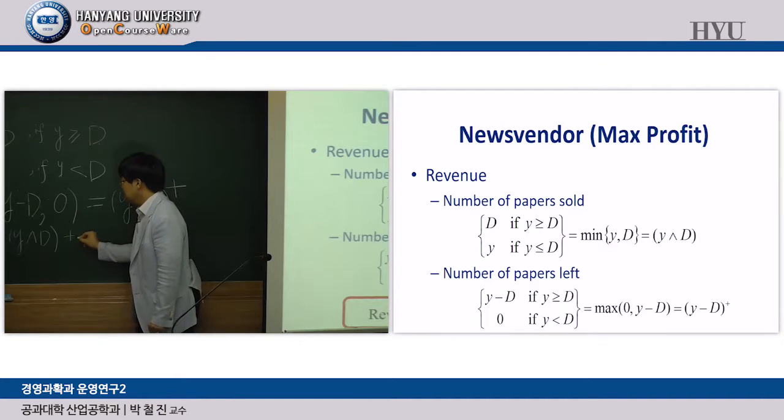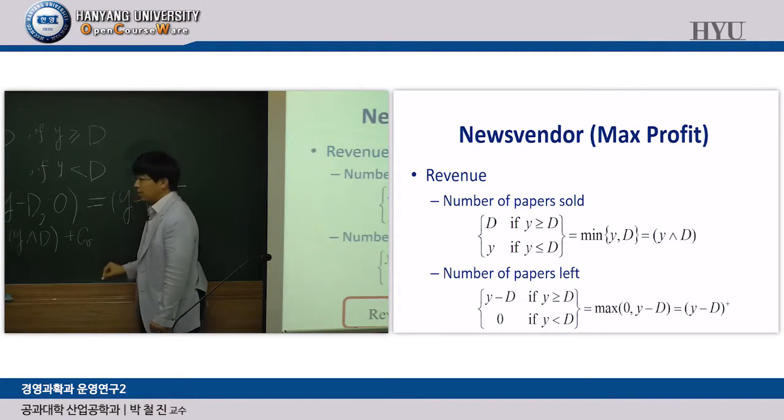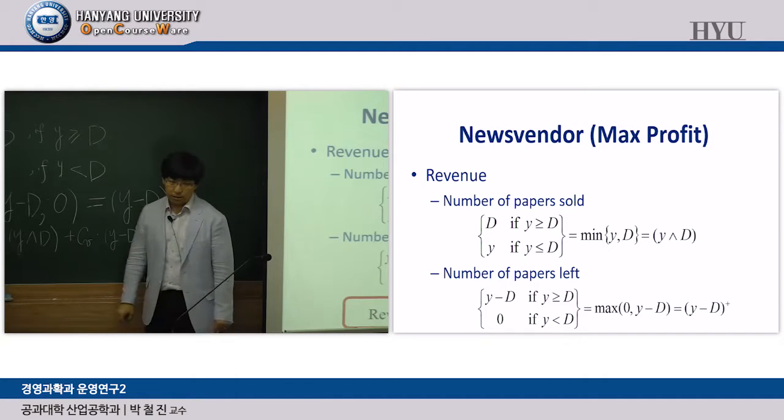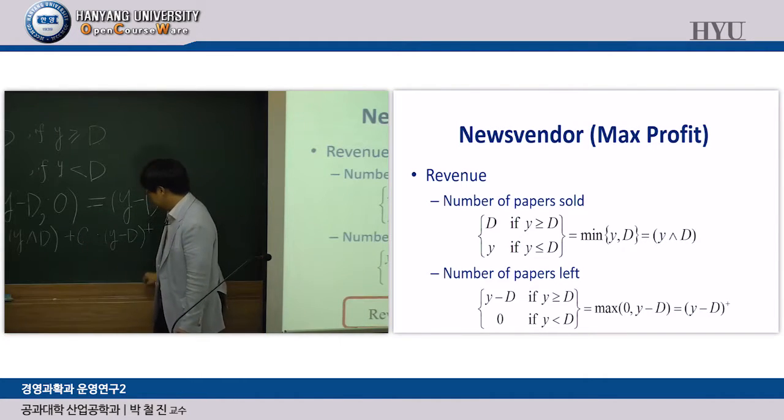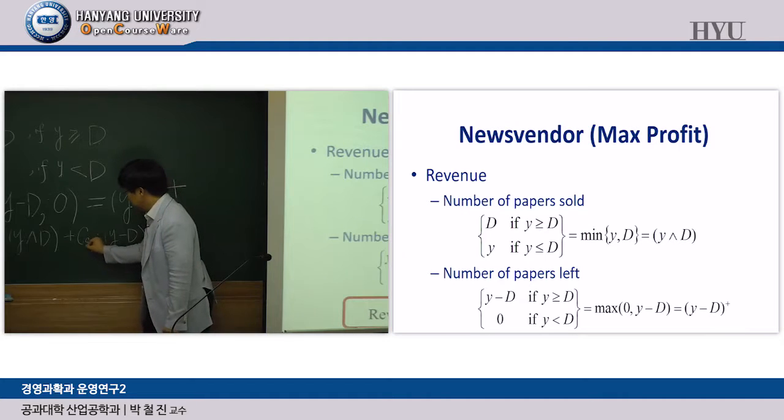Plus the salvage price C sub S times the number of leftover newspapers, so Y minus D plus, okay?